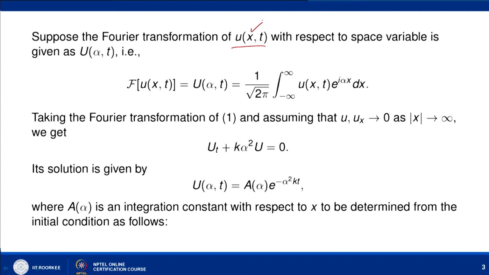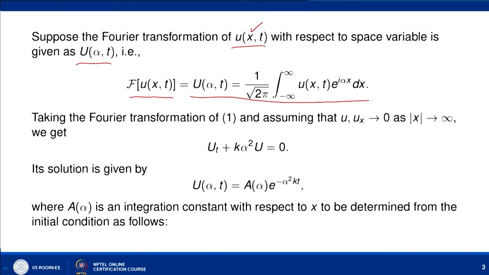It means that the Fourier transform of u(x,t), denoted û(α,t), is equal to 1/√(2π) times the integral from minus infinity to infinity of u(x,t) e^{iαx} dx. So we are taking the Fourier transform with respect to the space variable x, and û(α,t) is denoted by this.